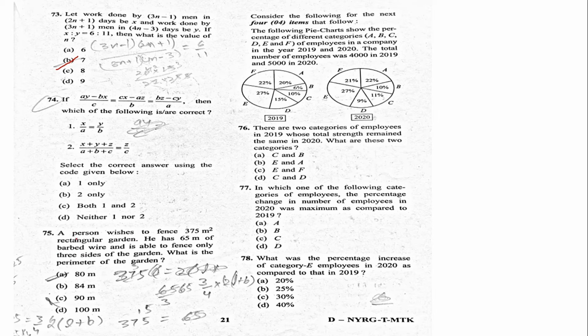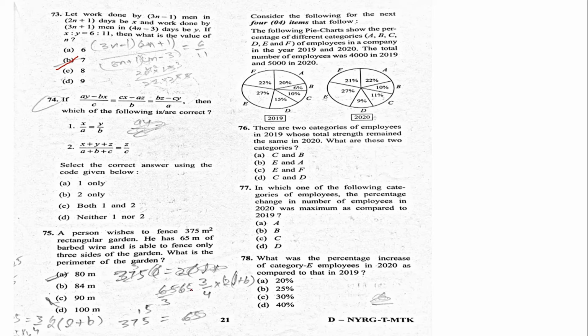And 75th question, a person wishes to fence a 375 square meter rectangular garden. He has 65 meters of barbed wire and is able to fence only three sides. So 375 is the area of the rectangular garden, and with the 65 meters he is able to fence three sides.